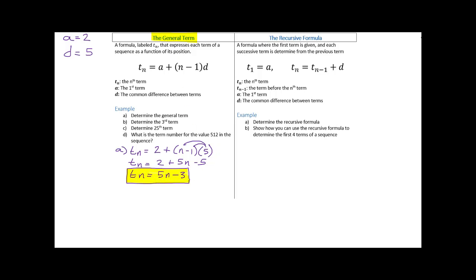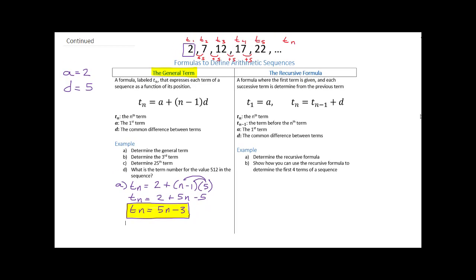Okay, so determine the third term. Now we already know the third term, so let me just move this back up here. We already know the third term is right here at 12, right? But it's always good to test your formula out on something that you know for sure. So let's do that. I'll just do part B over here. All right, determine the third term. So what we do is we're going to take Tn, and we're going to replace the n in our formula with 3.